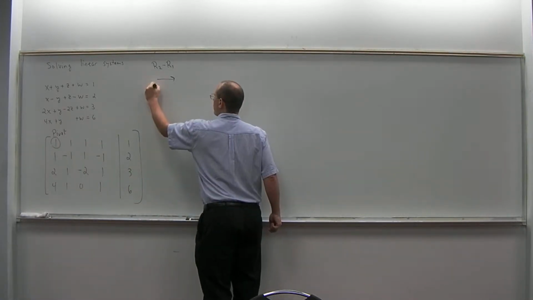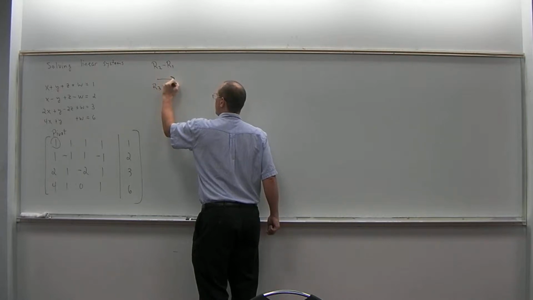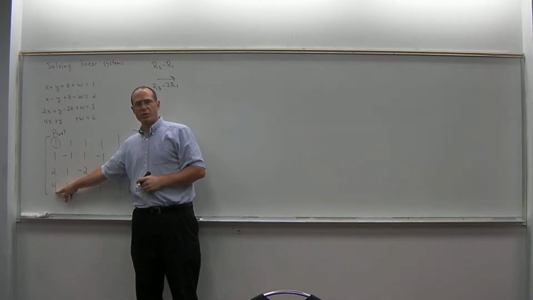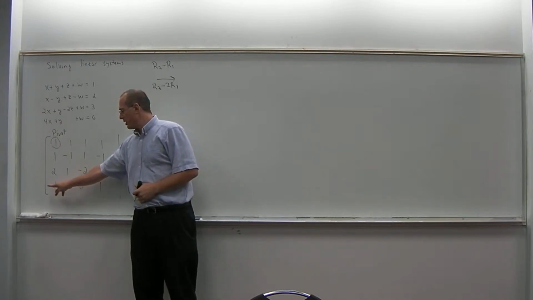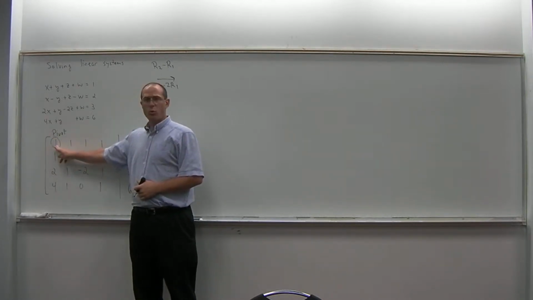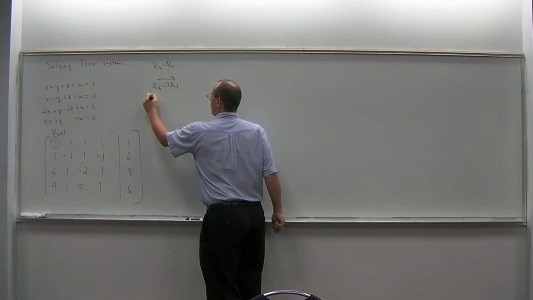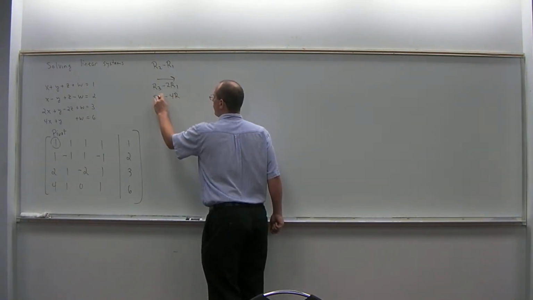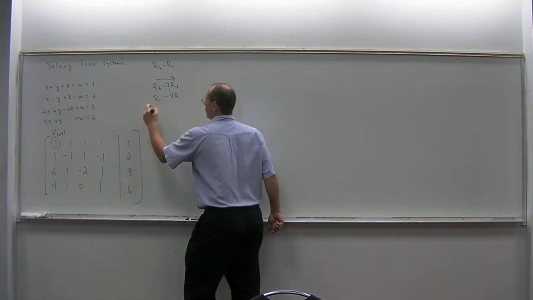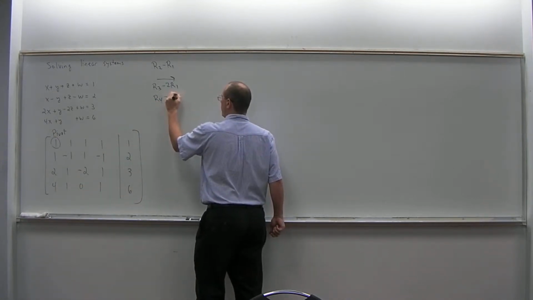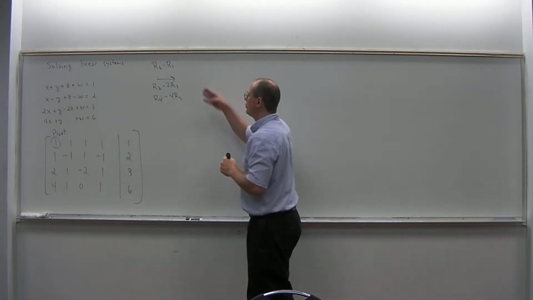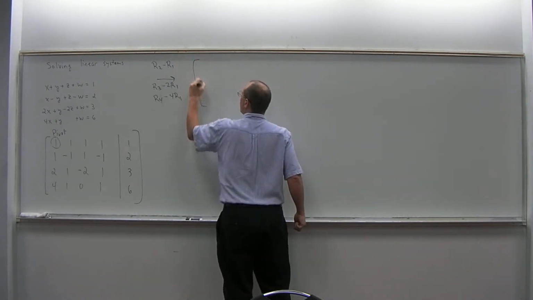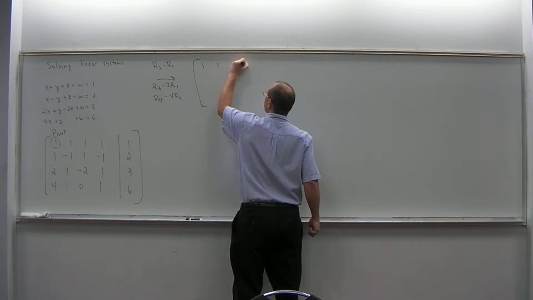And then to use that 1 to make this 4 a 0, I want 4 minus 4, so that's going to be row 4 minus 4 times row 1. So I'm going to do these 3 operations. Row 1 will stay the same.